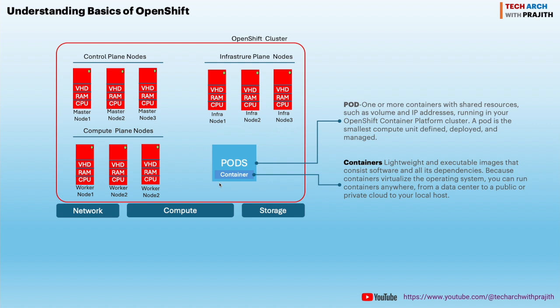OpenShift creates its own OVN, its own networking, and that's how the ingress controller load balances between different pods. Typically in a cluster, there will be a number of pods running. In MAS, there are 250 plus pods running, and the load balancing between these pods is managed by OpenShift. If we take an example, if a MAS core request comes into the load balancer, the load balancer will forward that request to the ingress controller.